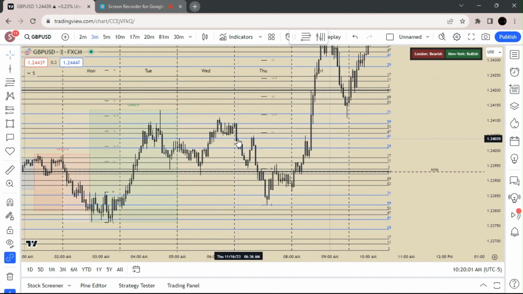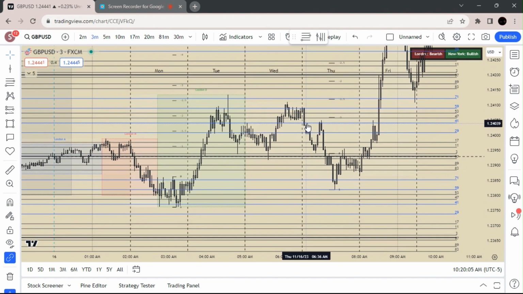So for New York session, generally, if you're following CLS, you're going to be wanting to look for that reversal that comes near the end of the week. So like Thursday or Friday, you're going to be looking for that reversal.